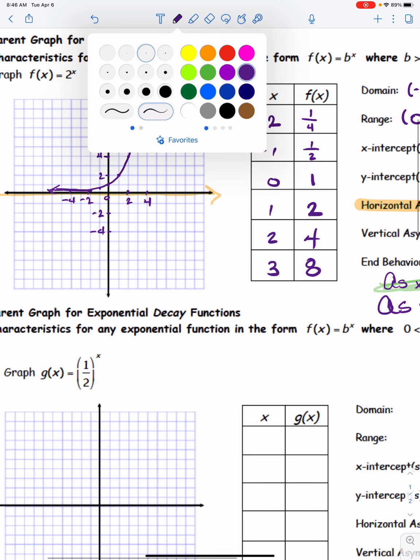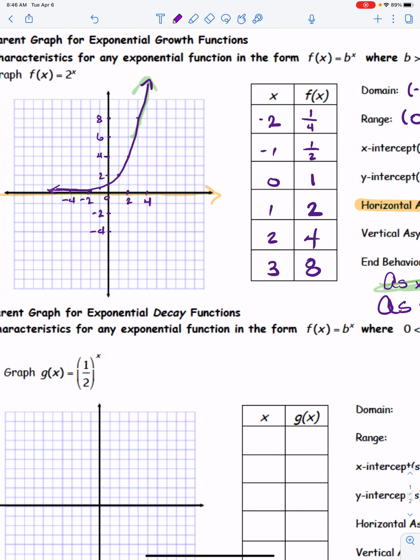Now, just for comparison, I want to graph in, we're going to call it g of x, 3 to the x, and see what happens as the base gets bigger. 3 to the 0 is still 1, so all of our exponentials are going to intersect at that point 0, 1. When x equals 1, y equals 3. When x equals 2, y equals 9.